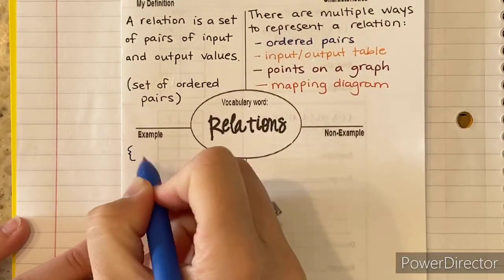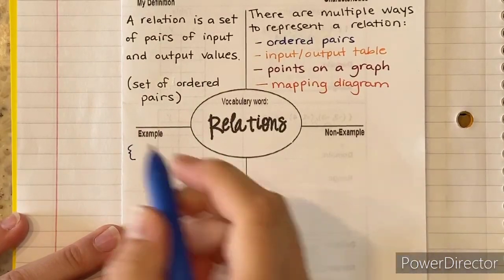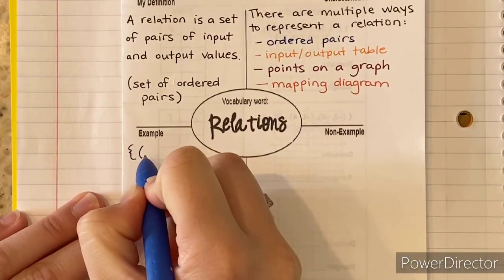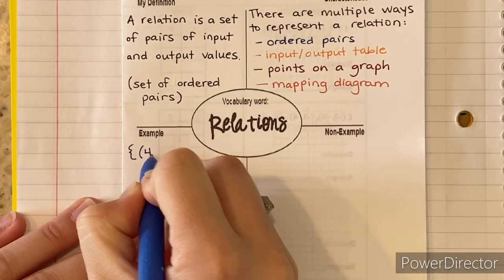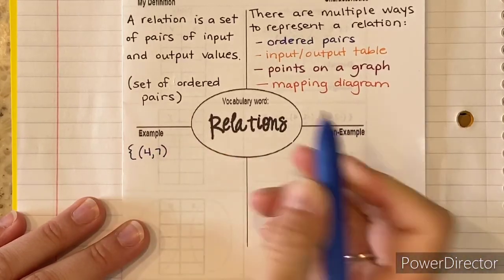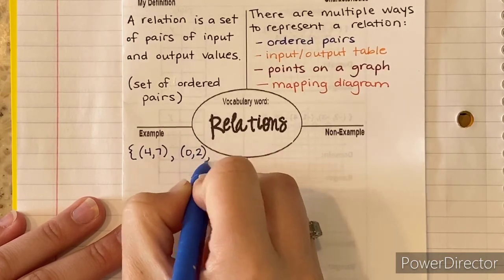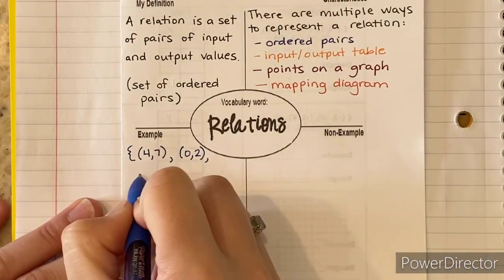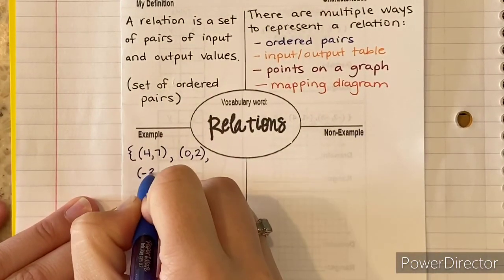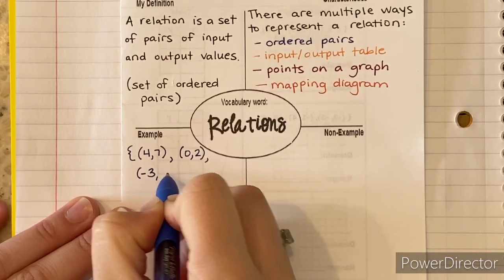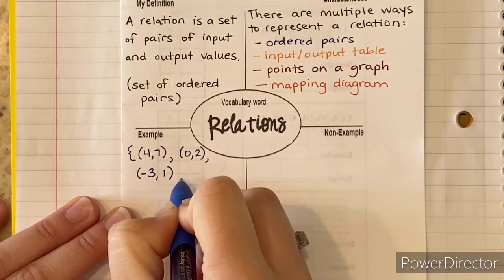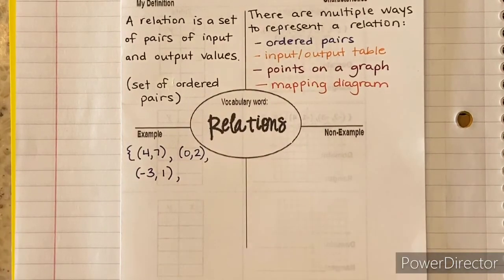So this is saying that we have a set of something, and so now let's just come up with some ordered pairs. We can have (4, 7) is one, (0, 2), (-3, 1) maybe, and we'll get one more.